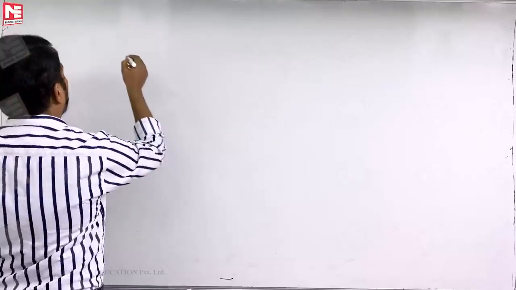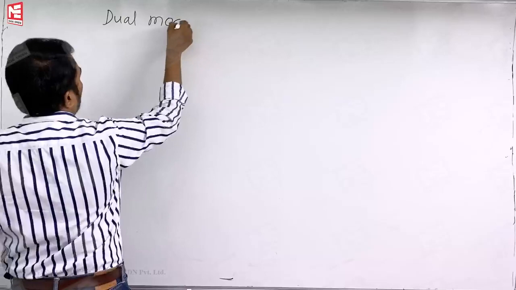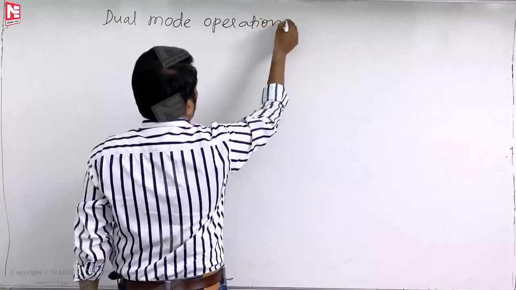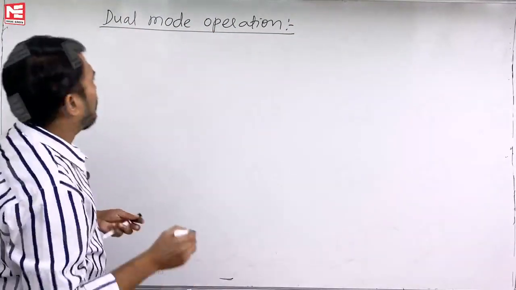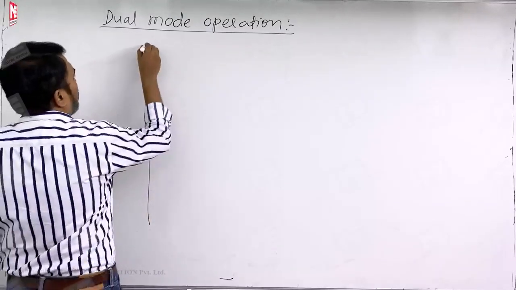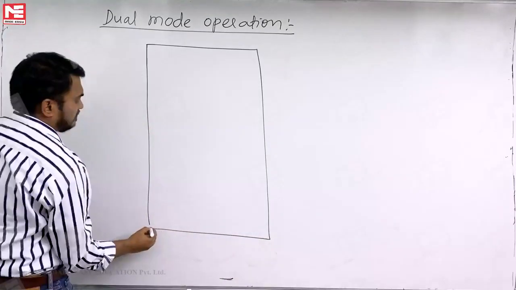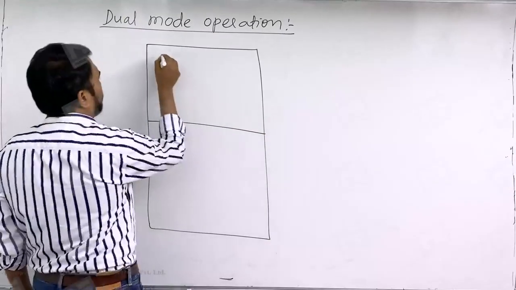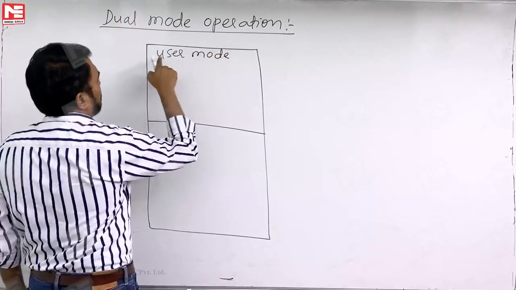Note down. So first understand this dual mode operation. You will understand what is the meaning of privileged, non-privileged and all that. Keep the heading dual mode operation. Please copy this.